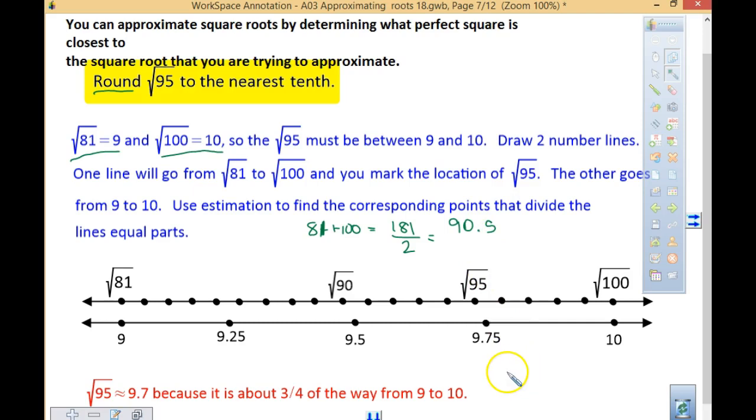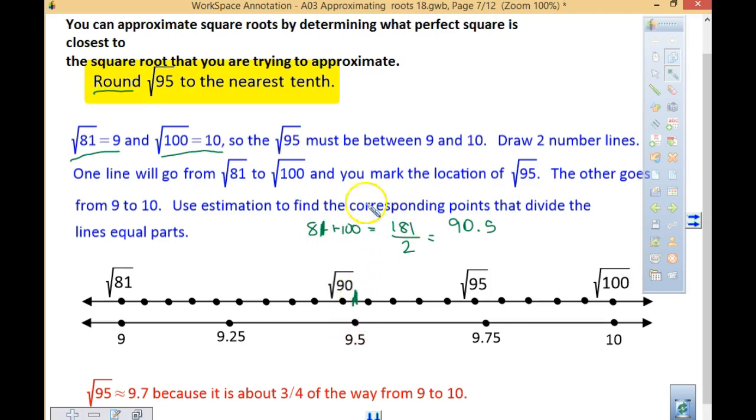Now you have a calculator in front of you, right? Check. 90.5 times 2. If I do 90.5 times 2, do I get 181? Okay.